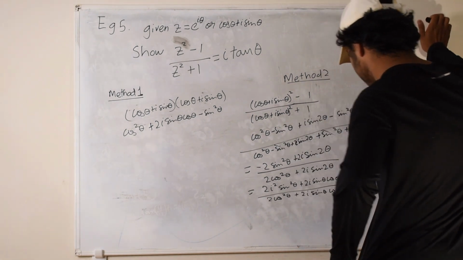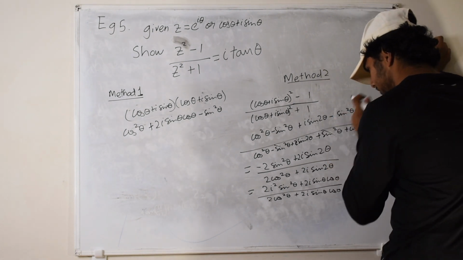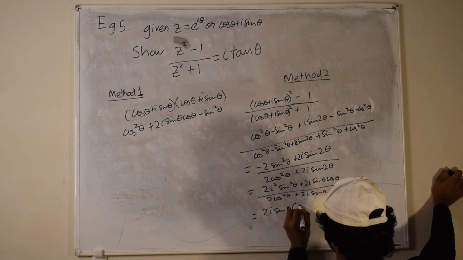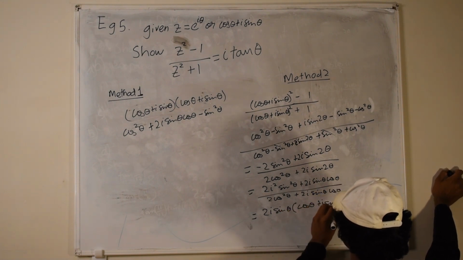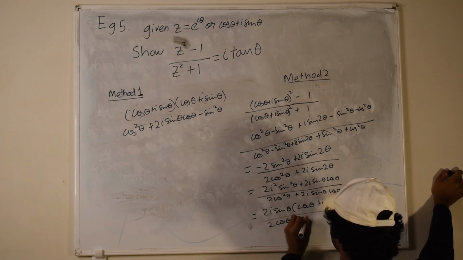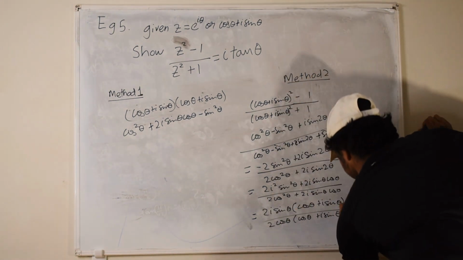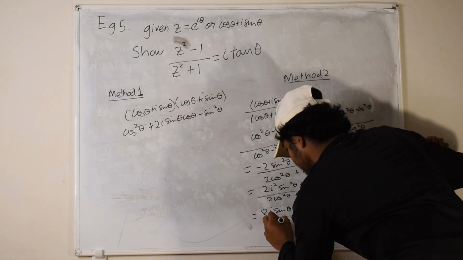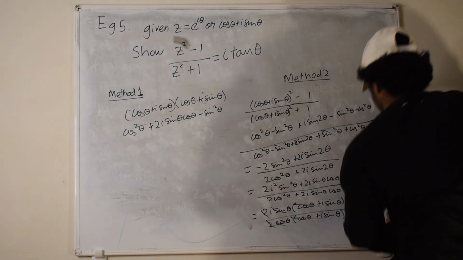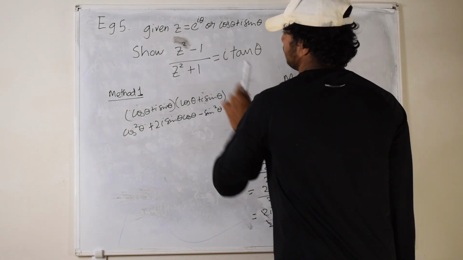What we can do right here is factor out the 2i sin theta on the top, leaving brackets cos theta plus i sin theta. And the bottom, same thing: 2 cos theta, brackets cos theta plus i sin theta. Then cancel, cancel, cancel, cancel, and sin theta over cos theta becomes tan theta, which is just i tan theta. So this is method 2 to solve this question.